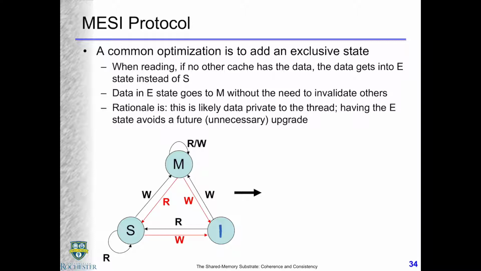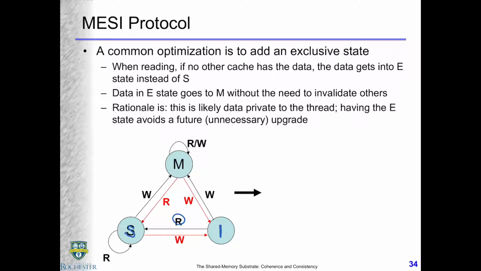So since it's so common, why don't we realize this up front, that when we're reading from the invalid state and realizing, never mind how, we'll get into how later, but let's say we know that this is the only copy. So instead of going to S state, which is kind of a lower state, we don't have the right to store the data, to write to it. We don't have the privilege.